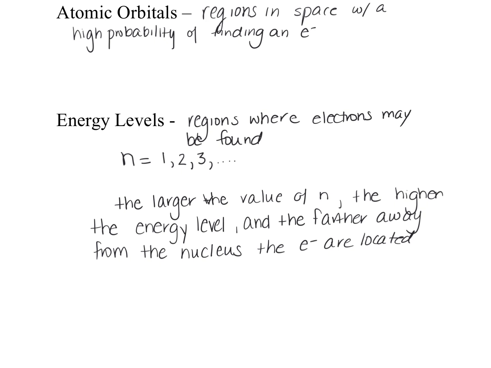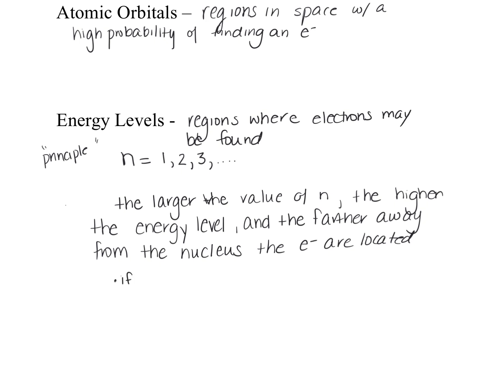Okay. Now, when we talk about this, we also need to talk about sublevels. So when we talk about energy levels, you're also going to hear this referred to as the principal energy level. And so the number of sublevels in a principal energy level is equal to N. So what do I mean by that?